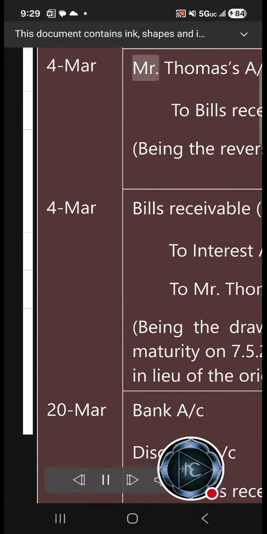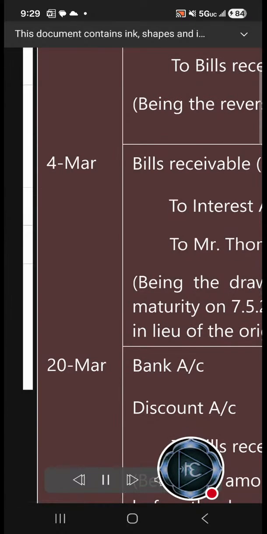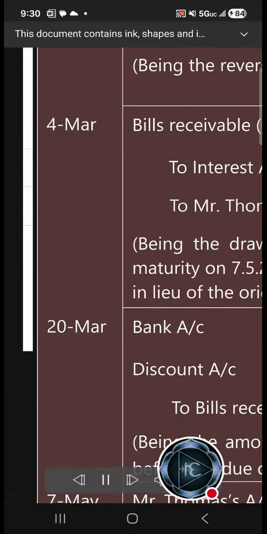Mr. Thomas's A/C Dr. 6,000, To Bills Receivable number 1 A/C 6,000. March 4th. Being the reversal entry for bill number 1 on agreed renewal.